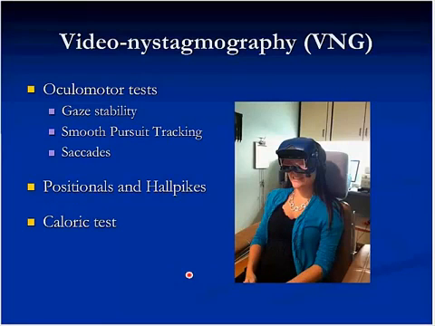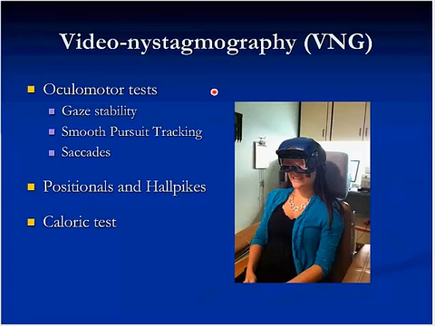So with video nystagmography, it's sort of a battery of tests. We're looking at multiple things. We rely heavily on VNG testing, video nystagmography. Just like with the rotary chair, we use infrared video goggles to very precisely record and analyze eye movements. The old way of testing was ENG, electronystagmography, where we actually had electrode patches placed around the eyes to record eye movements.